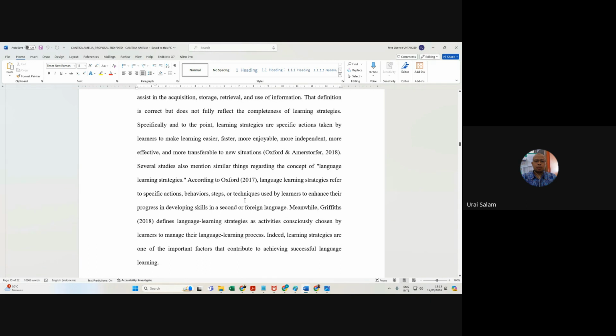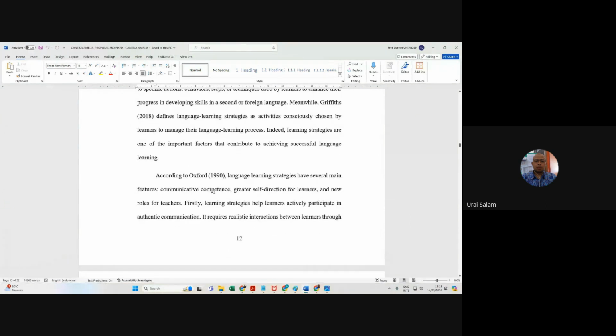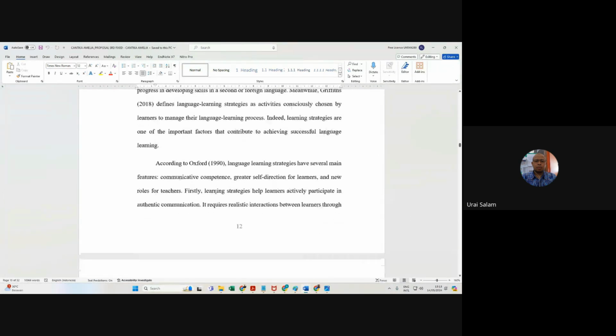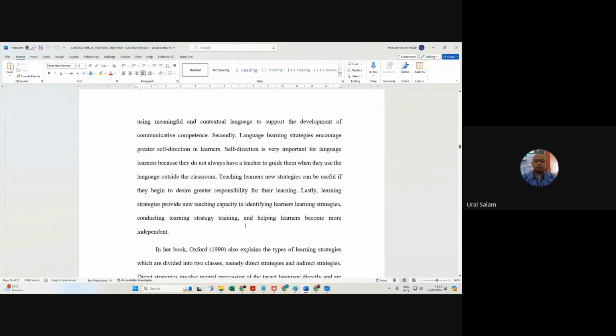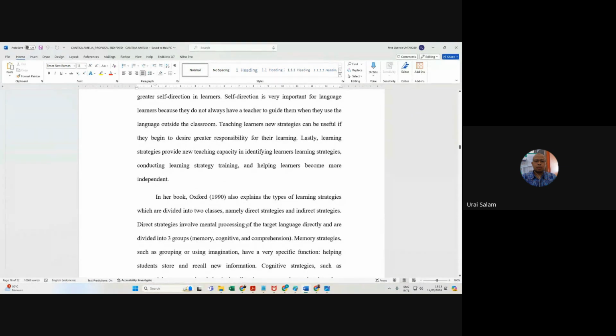Why don't you explore that one? For example, cognitive strategies, metacognitive strategies, something like that, because later we want to identify what kind of strategies they use.